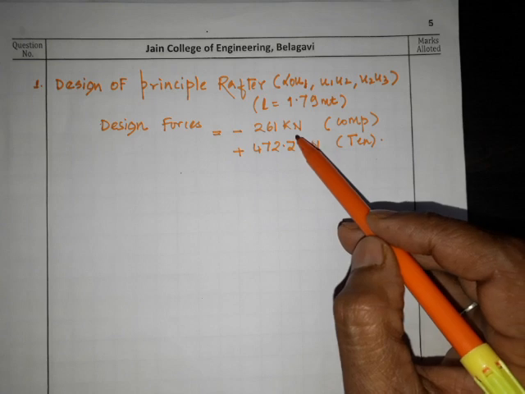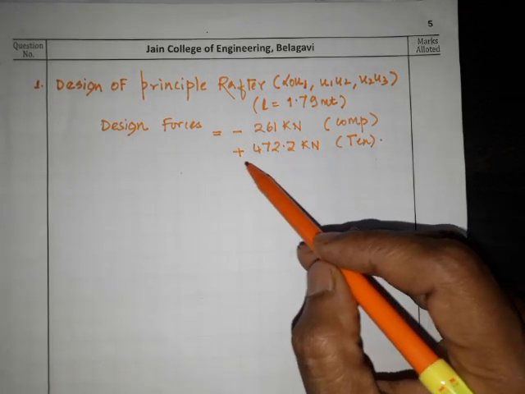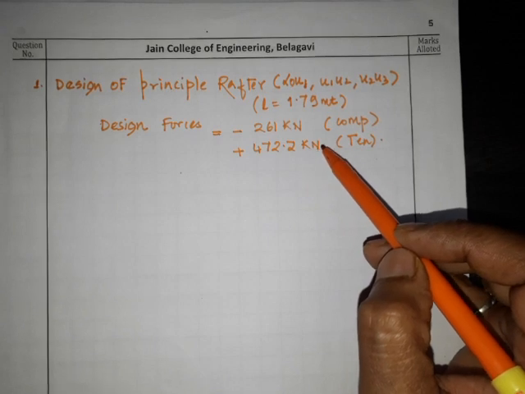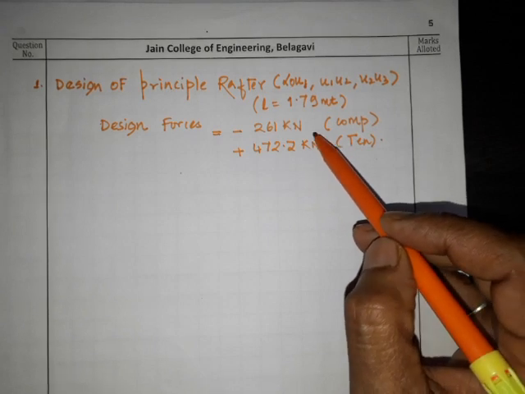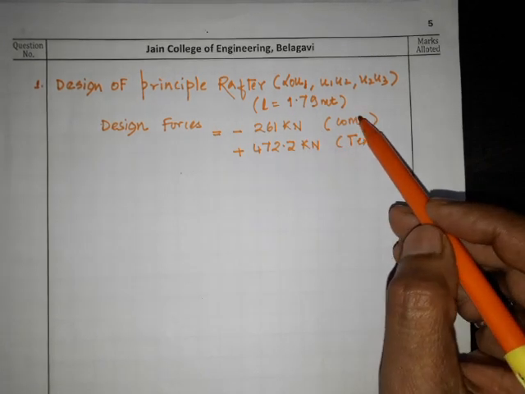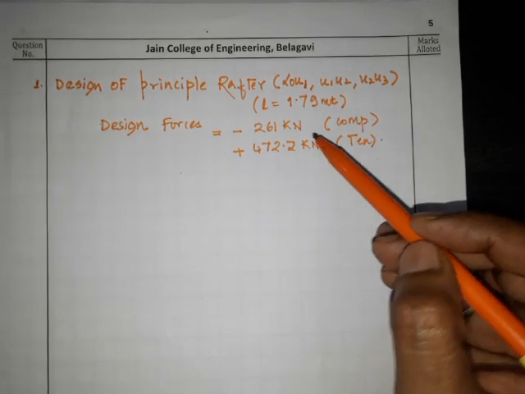So we have to select the section and design it as a tension member, and the same member you design for tension, you have to cross check for compression. Correct? So what is the procedure?